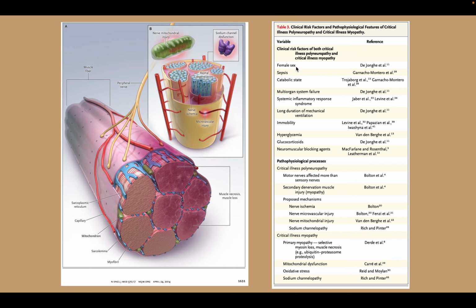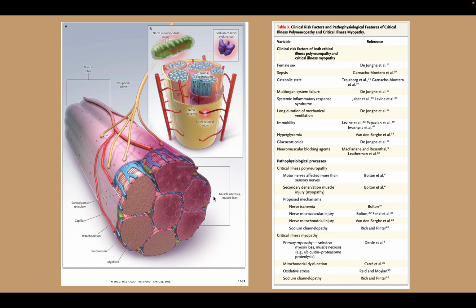So you have various factors like female sex, sepsis as we discussed, the catabolic state, multi-organ system failure, SIRS, longer duration of mechanical ventilation, immobility, hyperglycemia, steroids, neuromuscular blocking agents, and all sorts of pathophysiological processes which will ultimately give rise to critical illness polyneuropathy and myopathy.